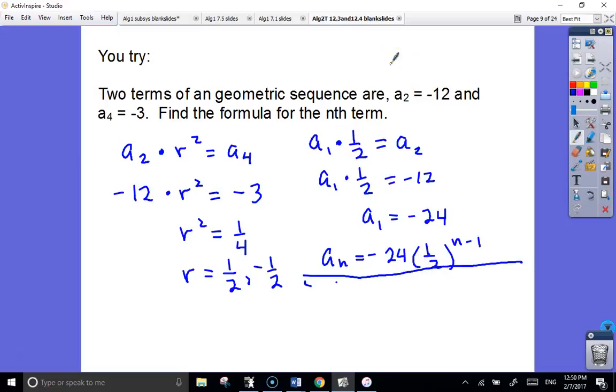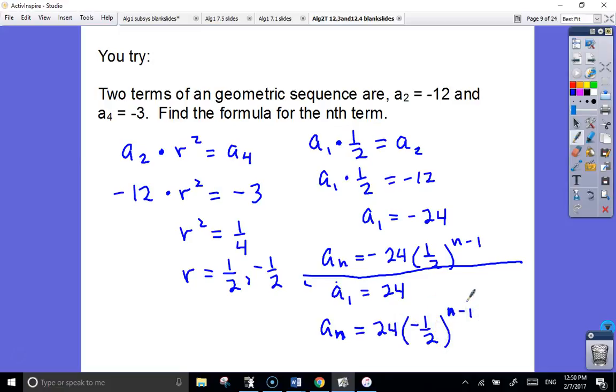It's going to be positive 24, right? If you keep multiplying by negative 1/2 to get to the next term, then we would have to multiply by -2 to get to A1. So in that case, the A1 is going to have to be positive 24. And the formula then is a_n equals positive 24 times -1/2 to the n minus 1.